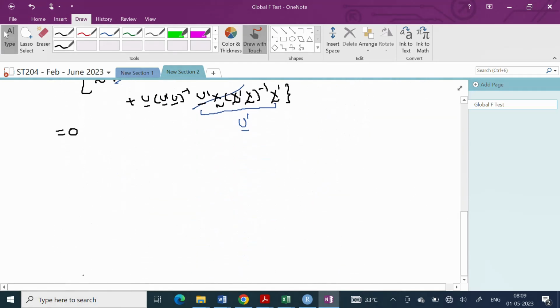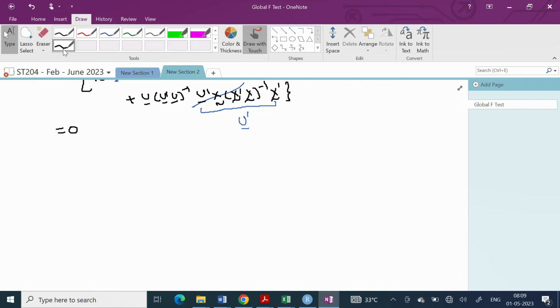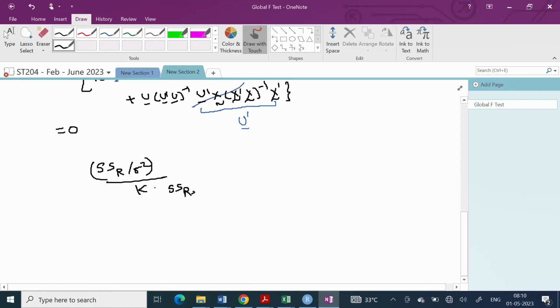So what we will have is SSR divided by sigma square, divided by the degrees of freedom k, over SS residual divided by sigma square divided by its own degrees of freedom, that is n minus p.